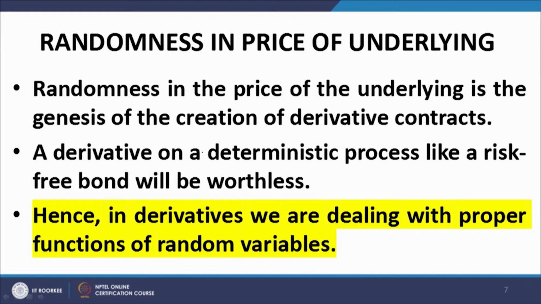And then there is one more issue which I would like to clarify at the outset, and that is the randomness in the price of the underlying. If the underlying has no randomness embedded in its price, in other words, if the price evolution of an asset is deterministic, that is, at t equal to 0, at any arbitrary point in time, we can precisely predict the path that the price process is going to follow, then there is no point in writing a derivative contract on such an instrument.